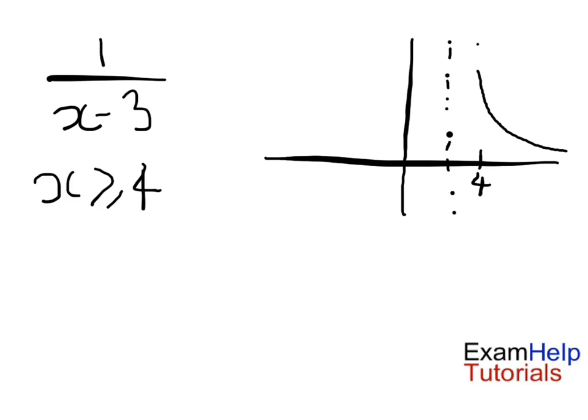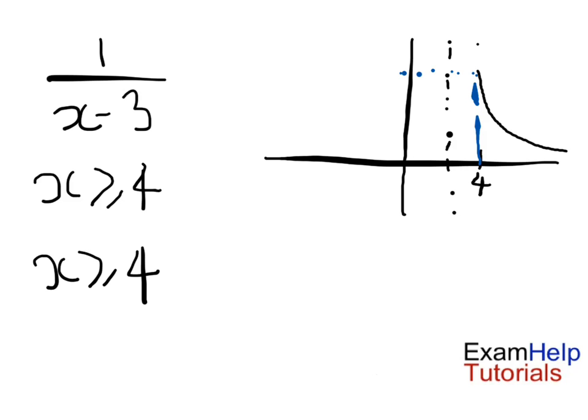So what does this give us? We're going to have a look at, going to come down to 4, but what's it going to give on the y-axis here to give us our range? So let's have a look. Okay, so our domain is x is more than or equal to 4.